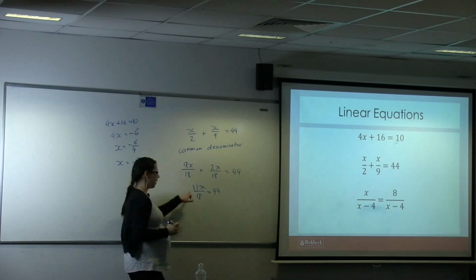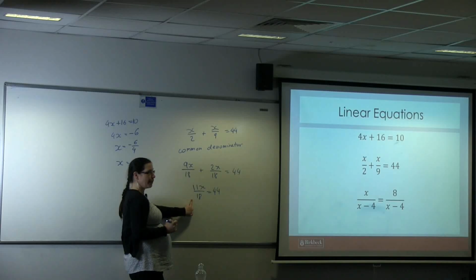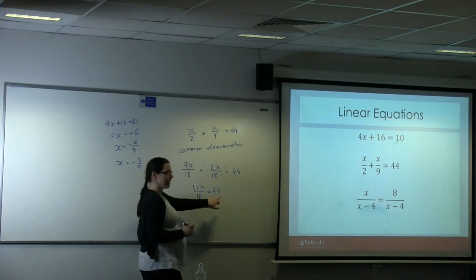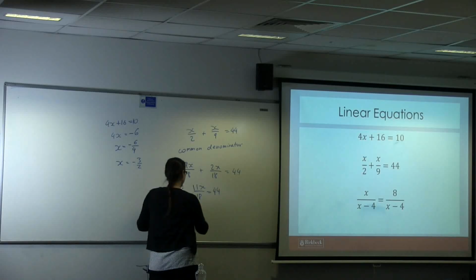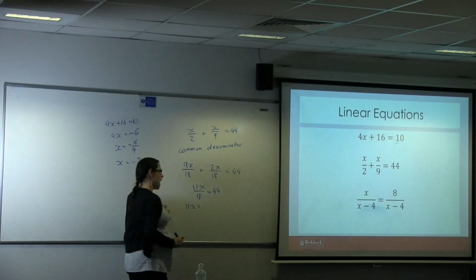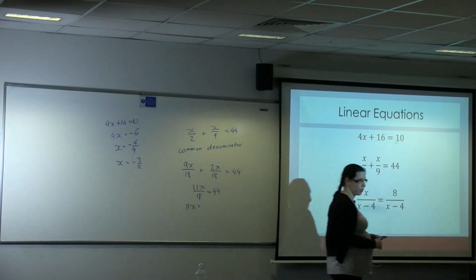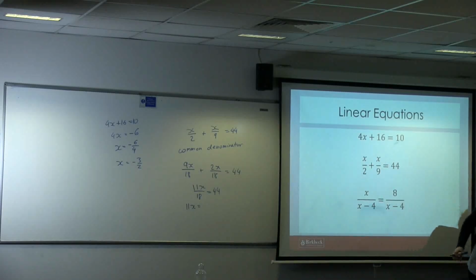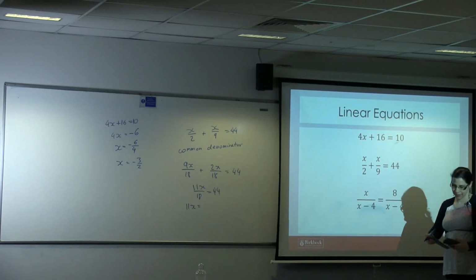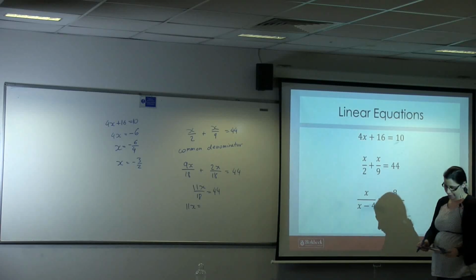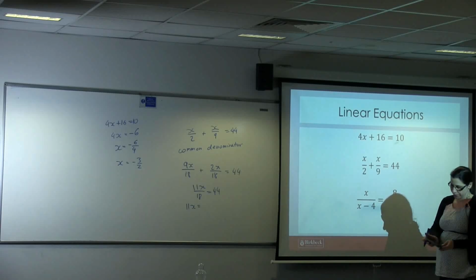Now, there is a 44 over 18 here, so I need to multiply up by the 18. So 11x will be 18 times 44, I have no idea. I need a calculator for that. 792. That's lovely.